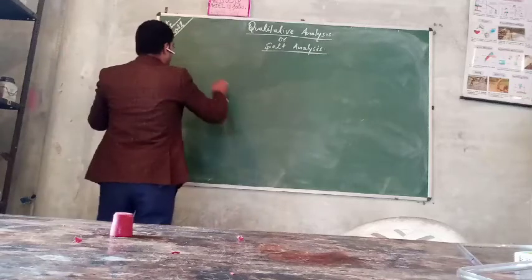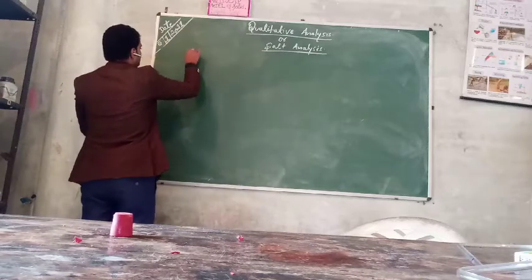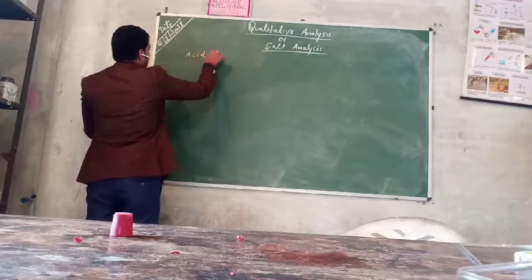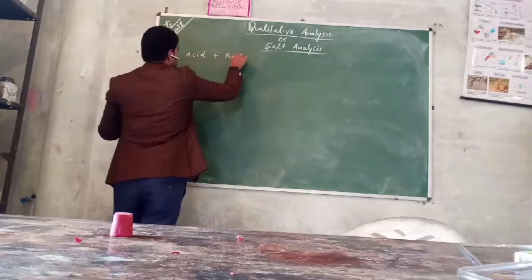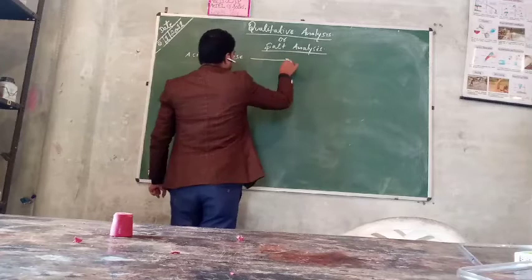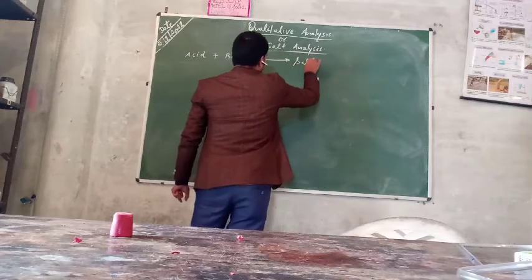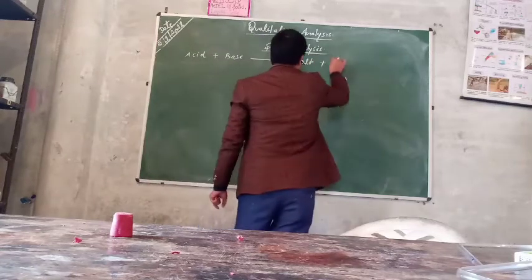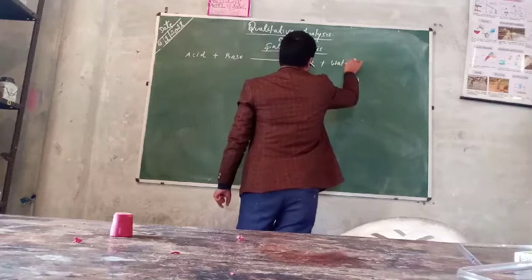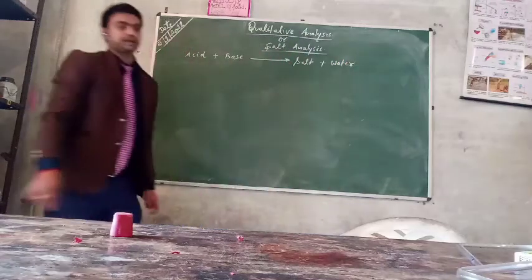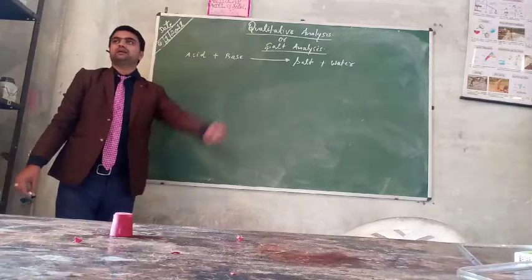First, I will talk about how a salt is formed. You know very well, when an acid and a base react with each other, then salt and water are formed. Clear? And the reaction is known as a neutralization reaction.